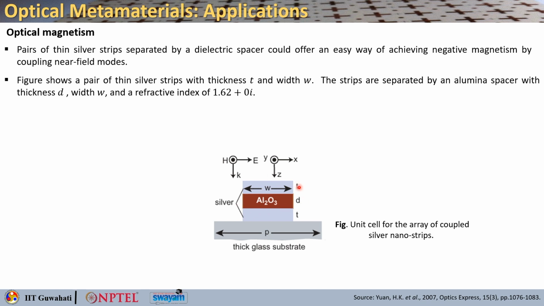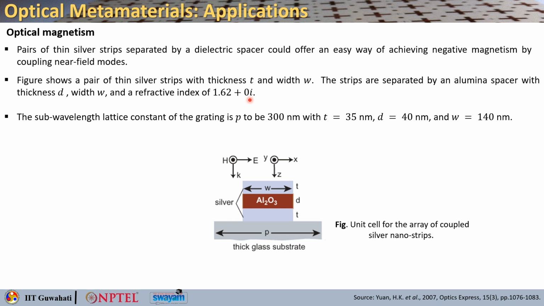Here you can see the thickness and the width of the strips, separated by an alumina layer of thickness D, whose width is again W, and the refractive index is 1.62, with no imaginary part. You can consider this as a unit cell in a periodic 1D grating with a sub-wavelength lattice constant.